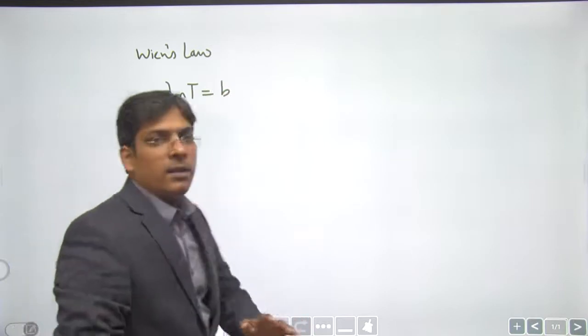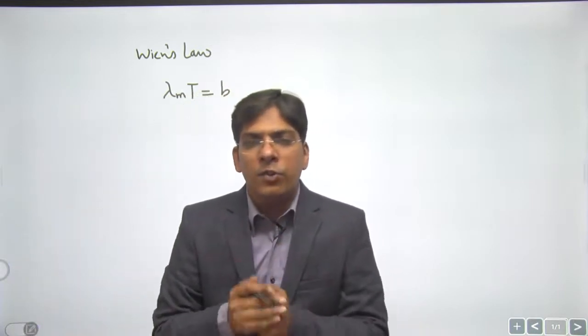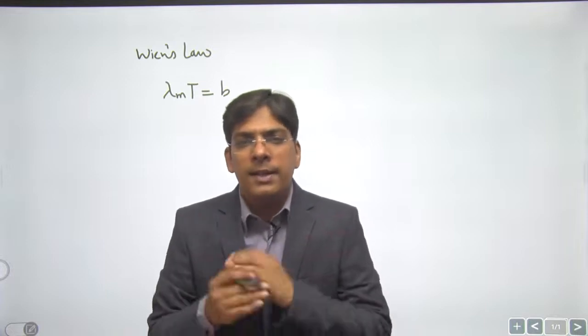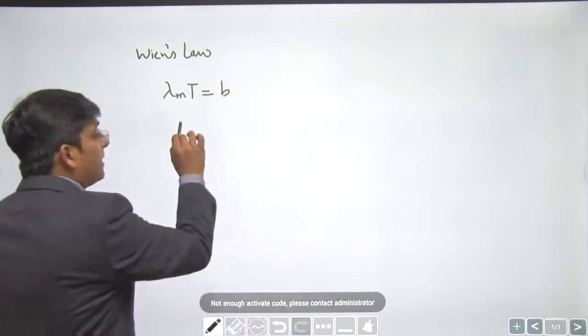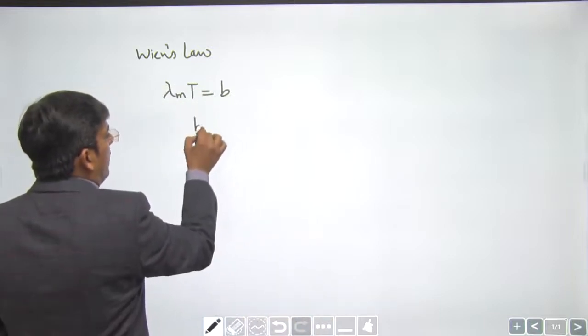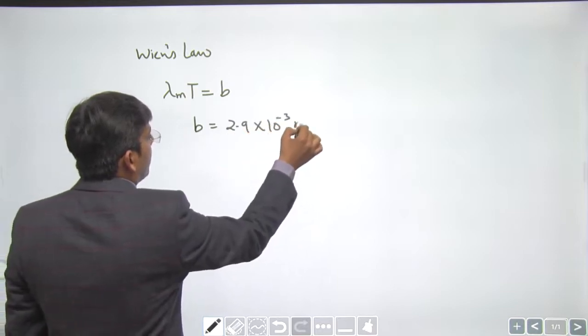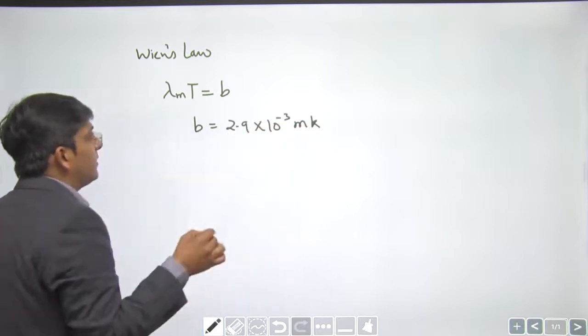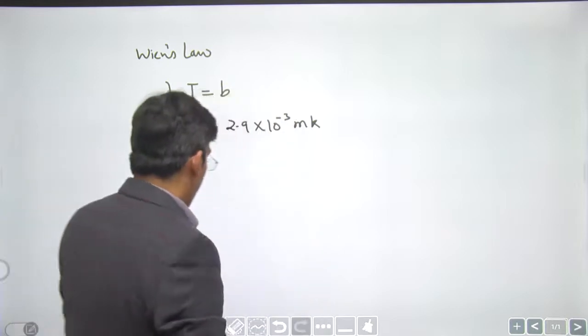The energy of a black body is not distributed over all wavelengths. Rather, intensity is maximum for a particular wavelength. That is, lambda m into T is a constant, small b, which is 2.9 into 10 to the power minus 3 meter Kelvin. This is called Wien's displacement law. Kindly note down.